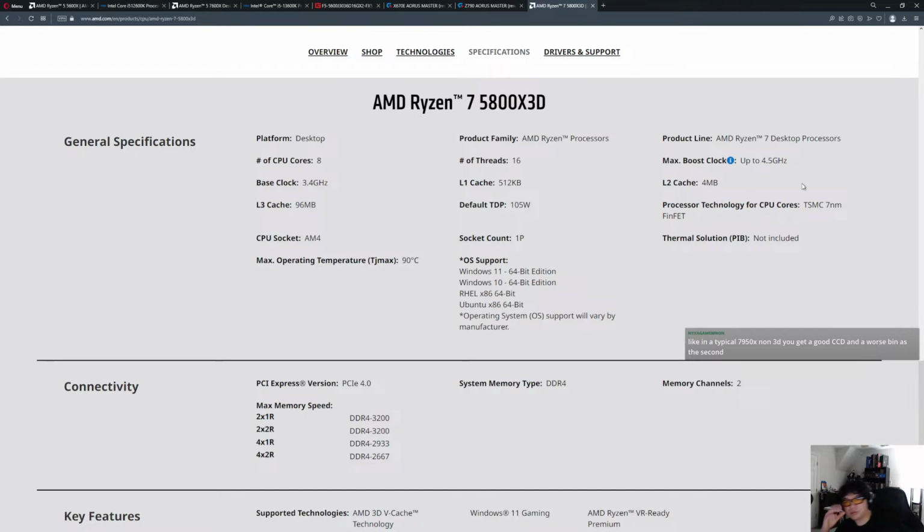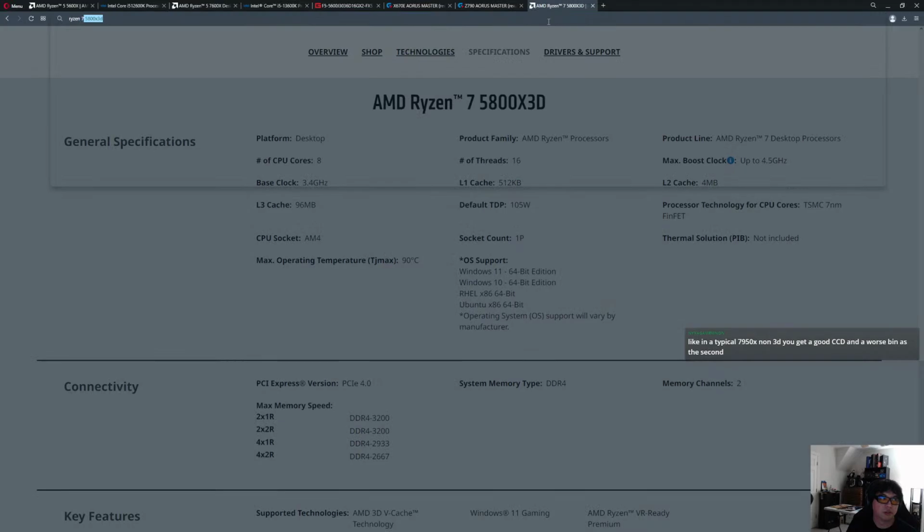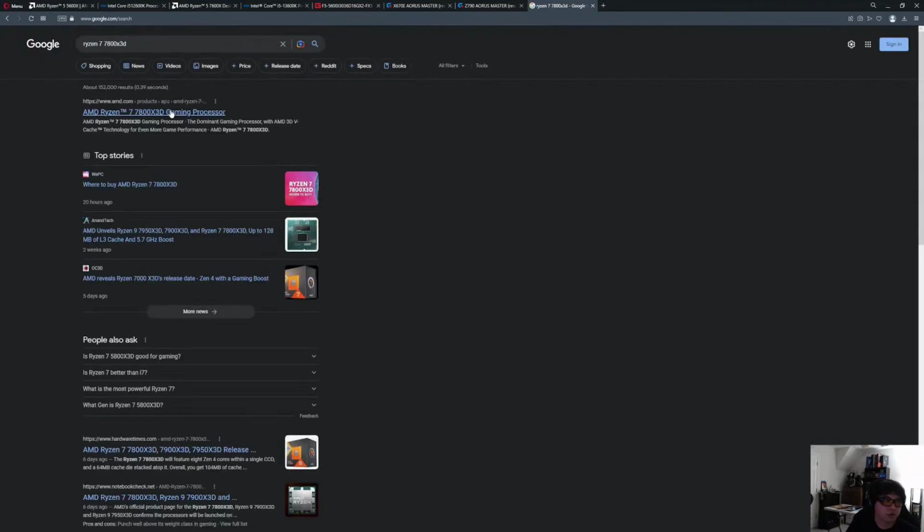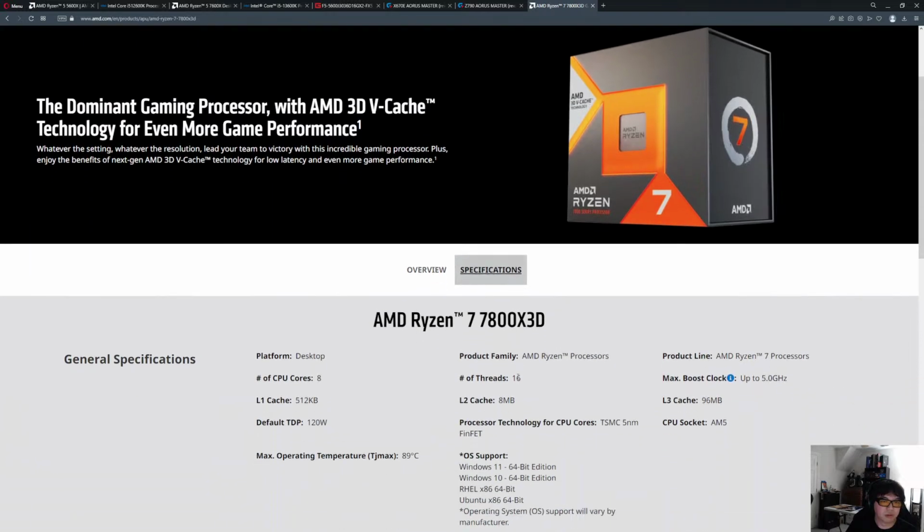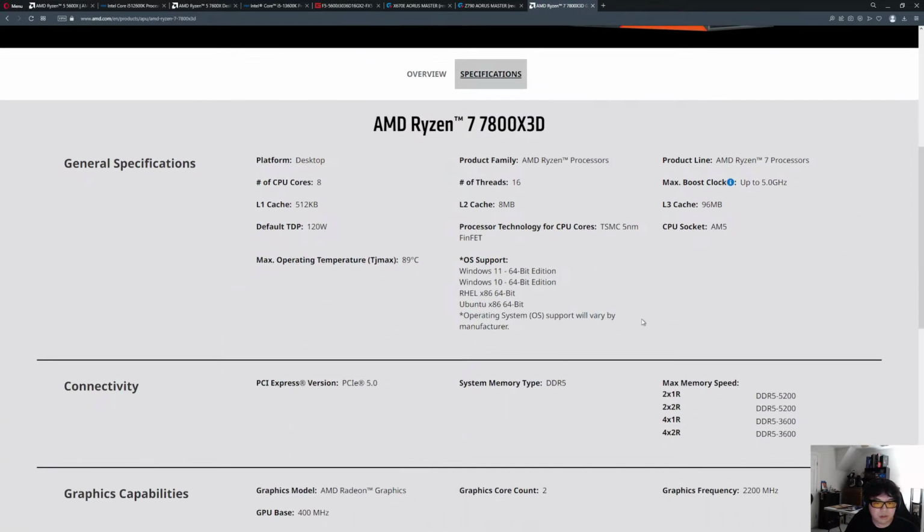So do they have the specs on the other one? Up to 5. Okay, so it's probably gonna be 5. The one that has the Vcache isn't gonna go above 5.